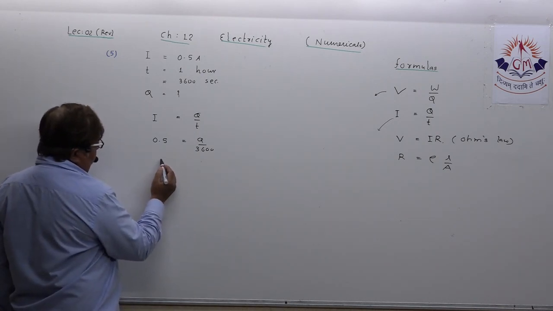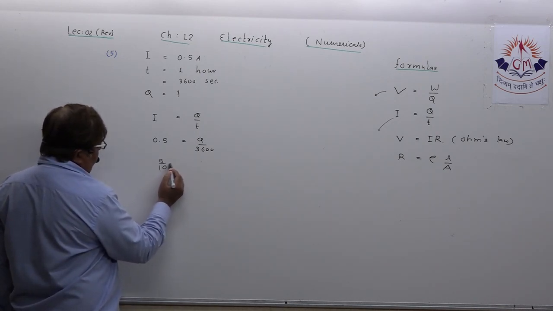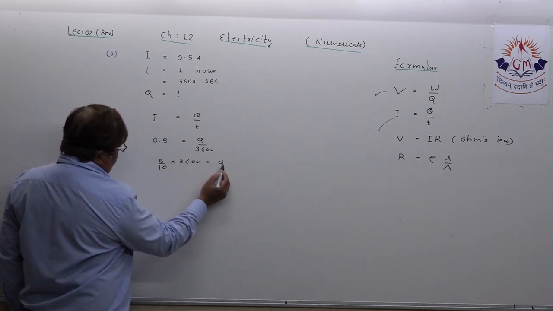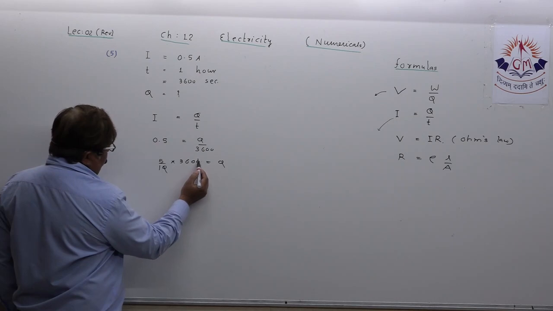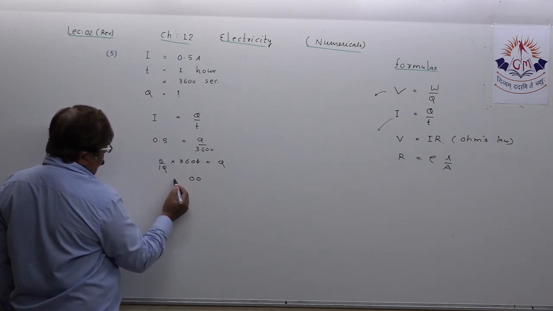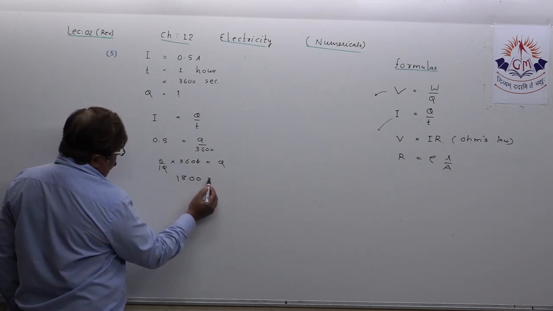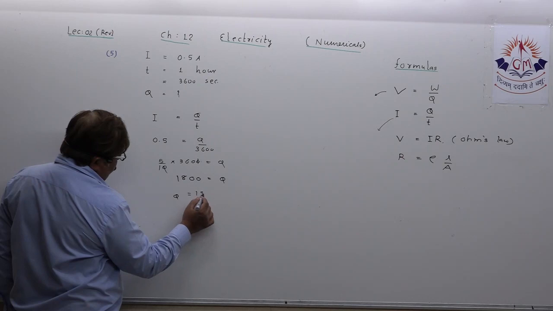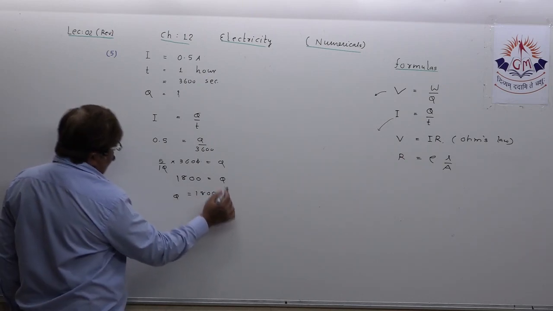Just cross multiply and cancel it out. 1800 coulomb is the amount of charge passing.